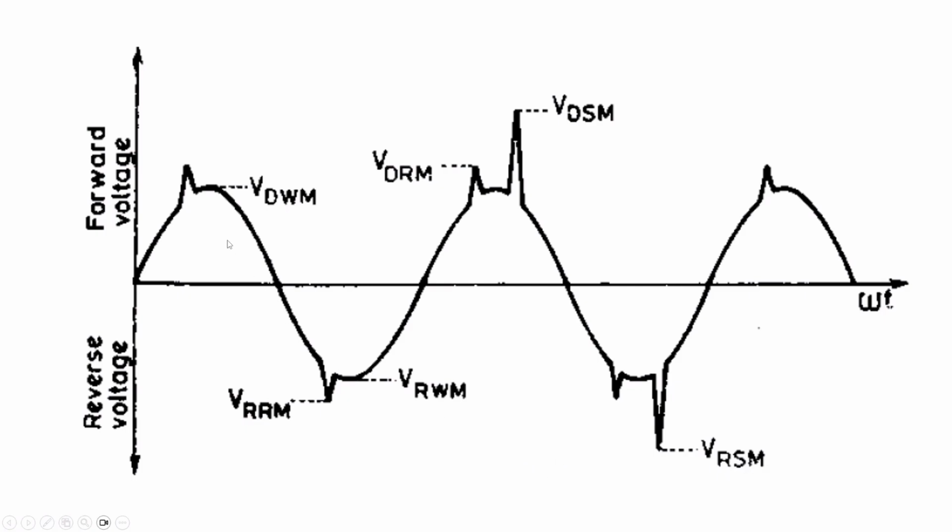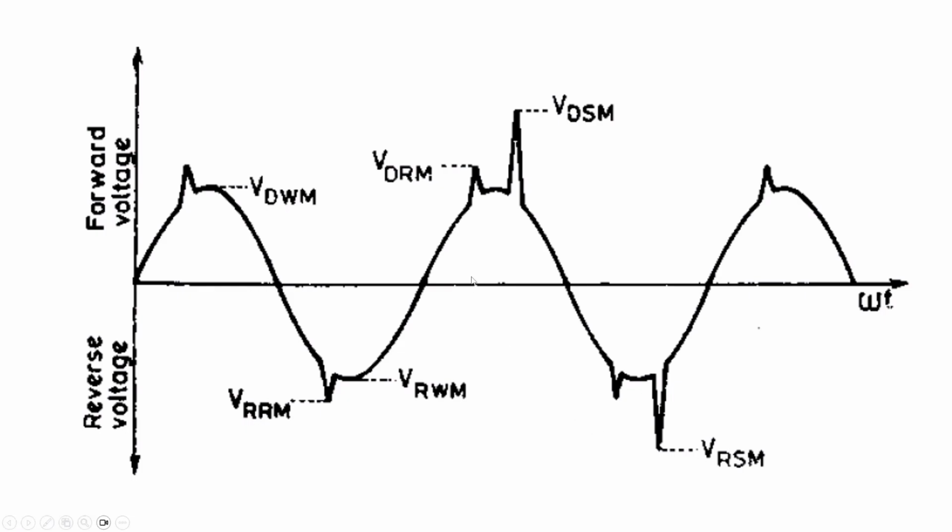So here, as you can see, the VDWM, VRWM are mirror images of each other. VDRM, VRRM are the mirror images of each other. VDSM and VRSM are the mirror images of each other.